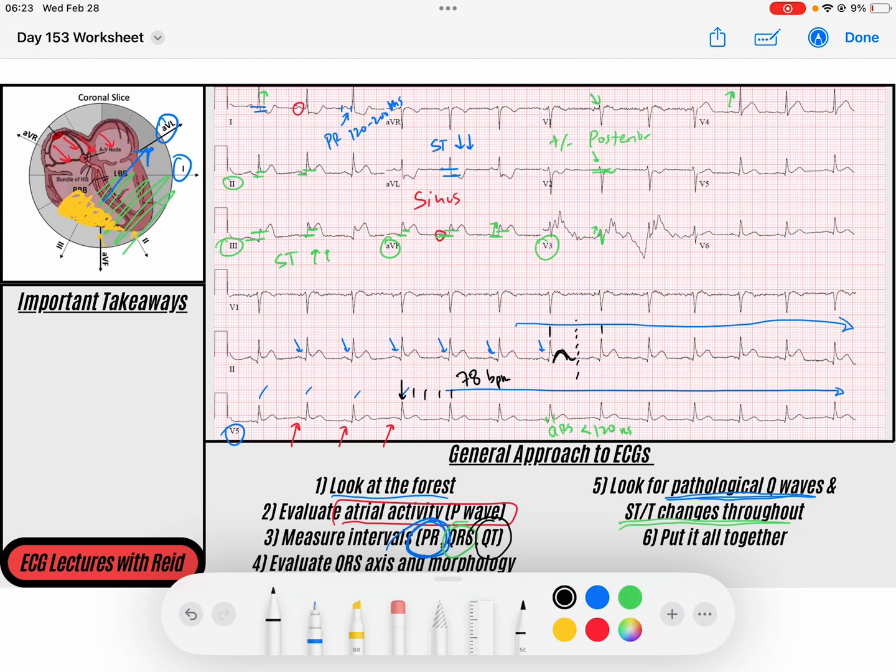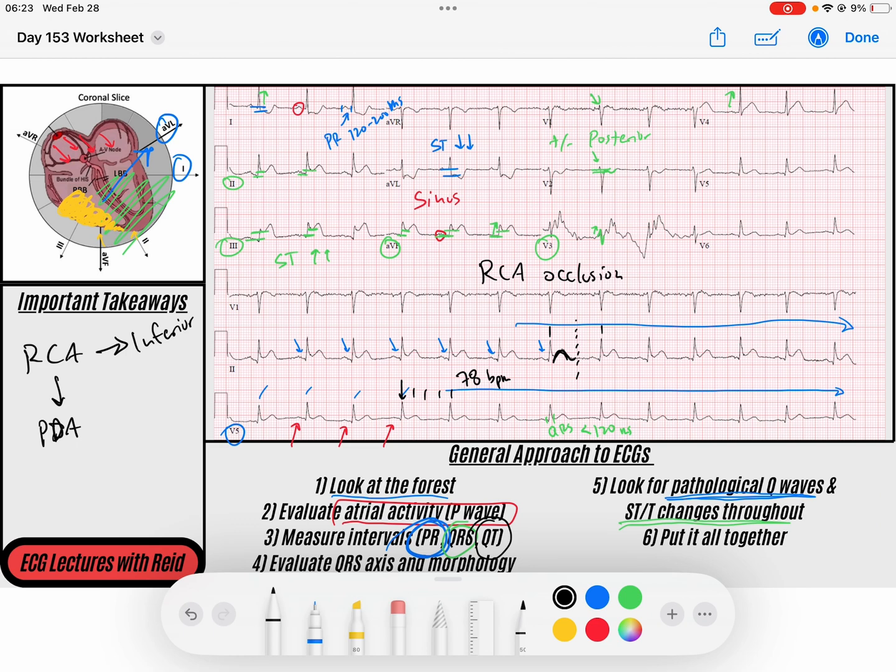We know that normally the right coronary artery 80% of the time supplies the posterior descending artery, and it also is going to supply the inferior wall of the myocardium. So this person went to the cath lab and they had a RCA occlusion, right?